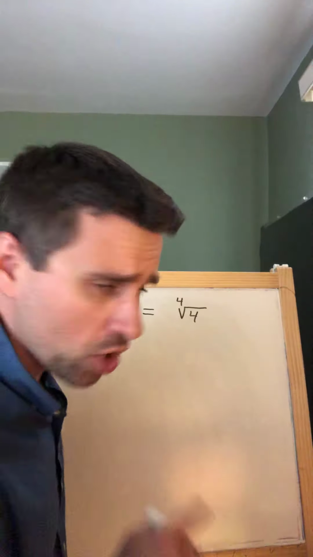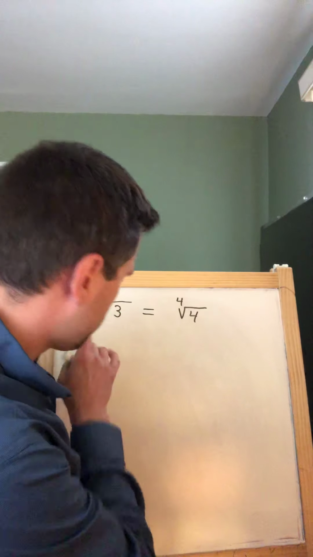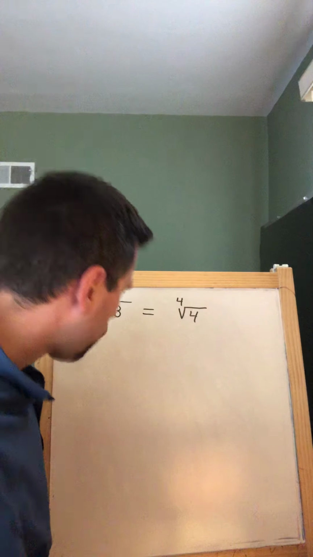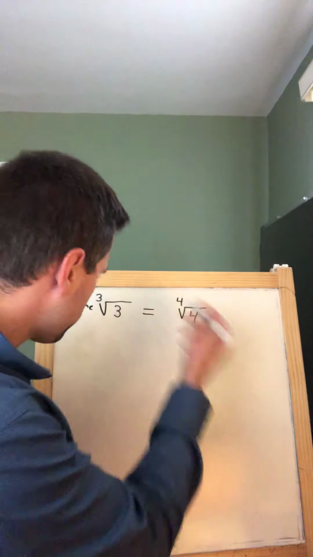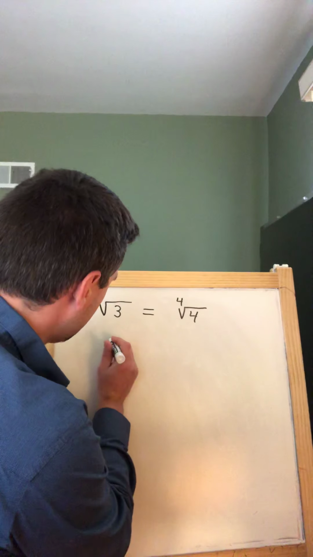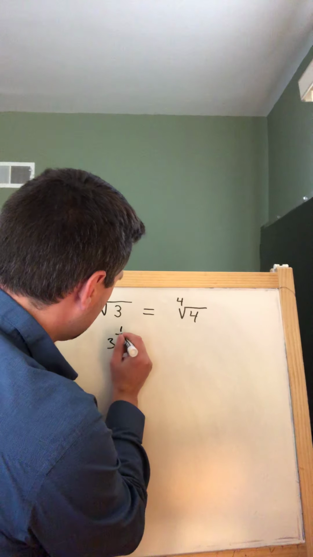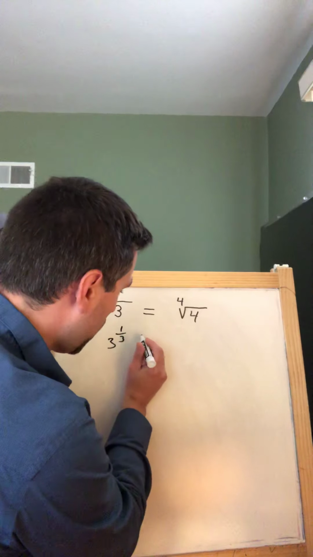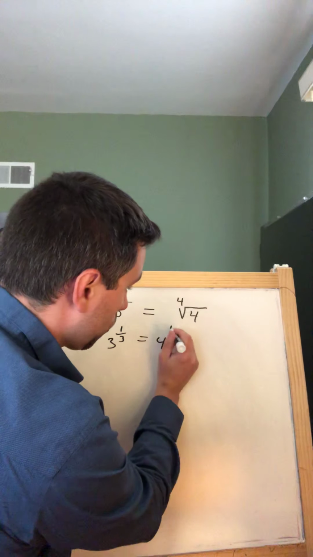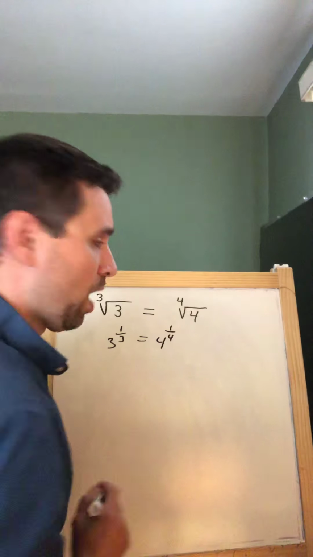I'm going to assume that the cube root of 3 is equal to the fourth root of 4. What does that mean? Well, the cube root of 3 is the same thing as 3 to the 1/3 power, and that's equal to the fourth root of 4, which is 4 to the 1/4 power.